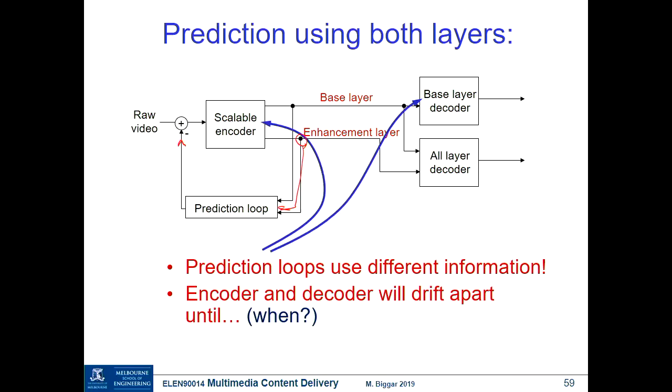And the encoded information being sent here is based on this difference signal, which is after prediction with the enhancement layer. Remember that the decoder is always supposed to be making the same prediction as the encoder, but this guy doesn't get this enhancement layer information either. So you can't reproduce that step.